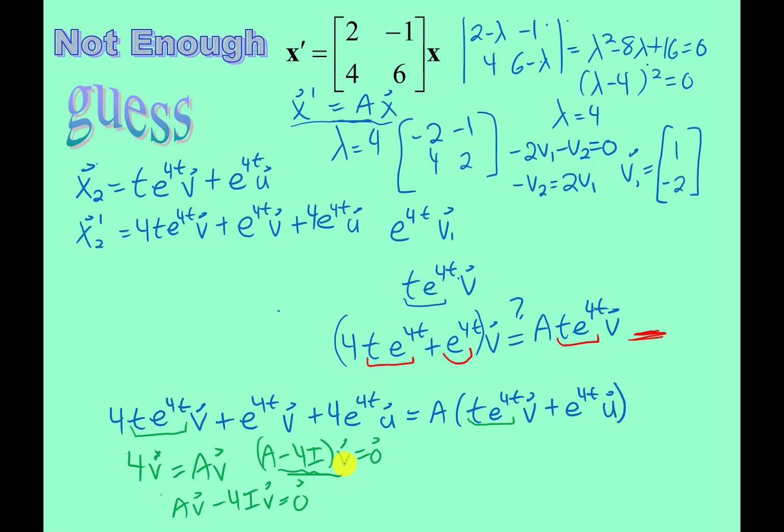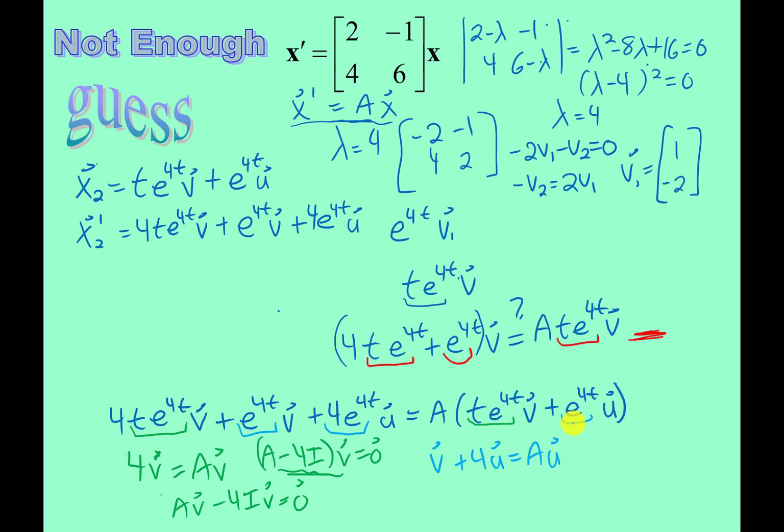So let's go ahead and look at the other part and the coefficients. Let me do a different color. Let's do the coefficients on the e to the 4t's, and what do I have? It looks like I have v plus 4u, and that needs to equal Au.